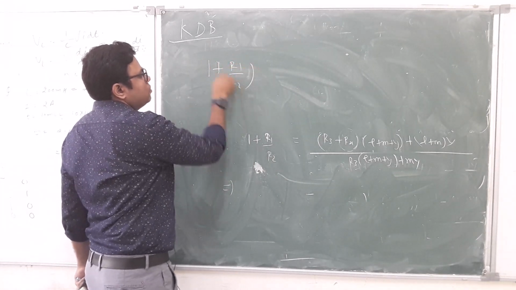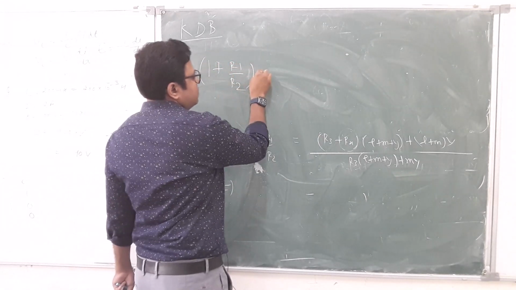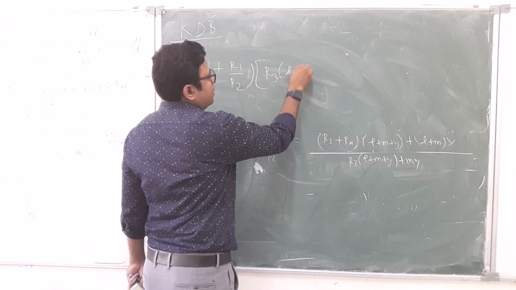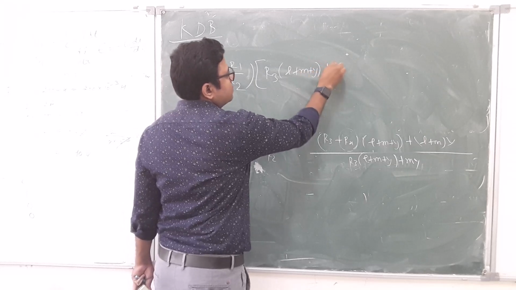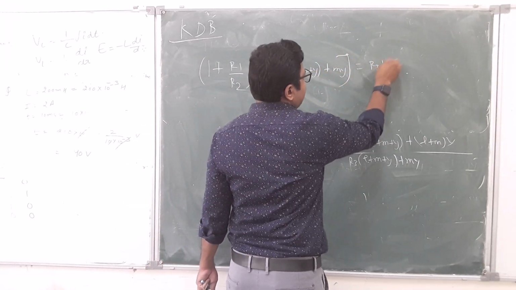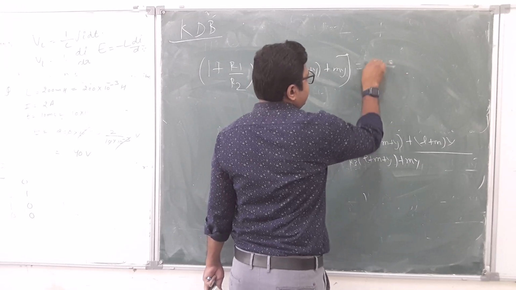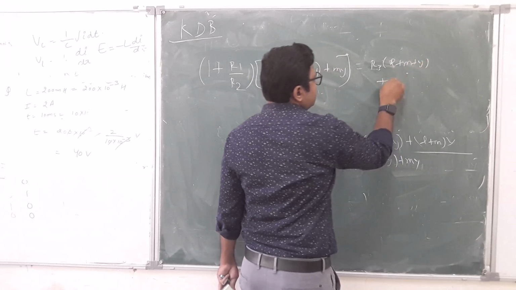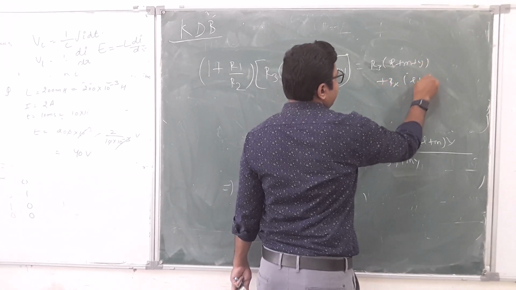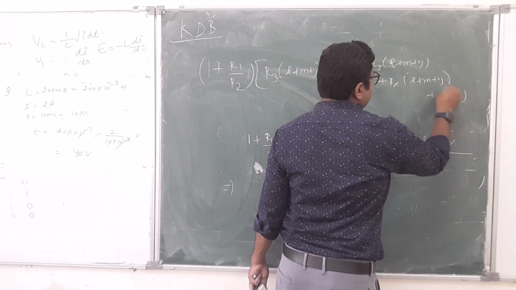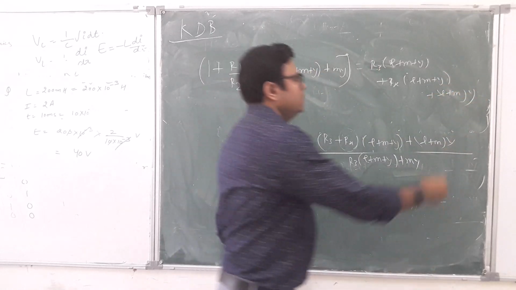So R1 by R2 into this R3(L plus M plus Y) plus My, and now this is R3. So I will be taking R3(L plus M plus Y) plus Rx(L plus M plus Y) plus (L plus M) into Y. Okay.